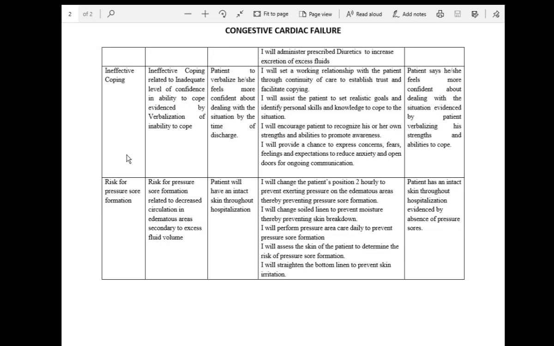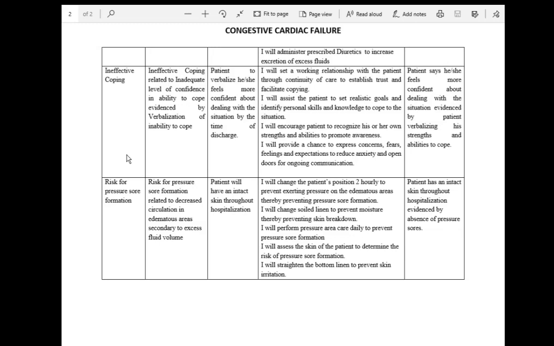Here you find that the patient will lose the confidence to cope or to survive regardless of the condition. The patient will not have that confidence to survive because they know that this condition is deadly. The condition is fatal. So they will fail to cope.